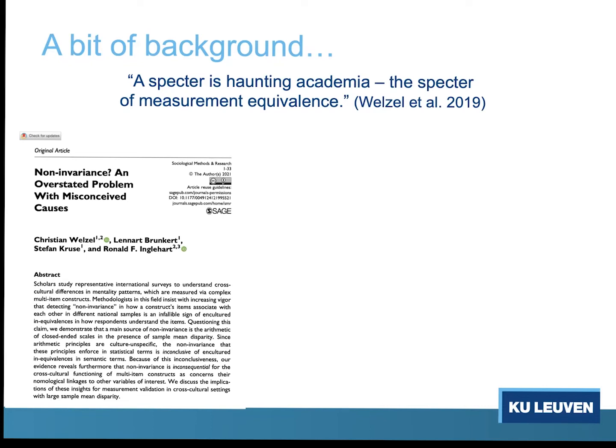In a nutshell, the gist of this paper is that you can test for measurement invariance, but it does not do you any good because even if you violate the assumptions of measurement invariance, valid comparisons are still possible. So it's investing a lot of time in something that is not useful and that might be misleading. I like this paper because it's provocative and it makes us think about certain important issues. But I also took issue with certain statements that have been made.